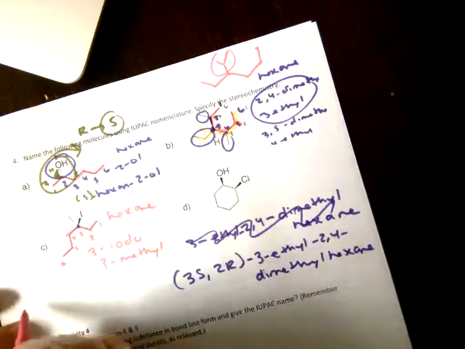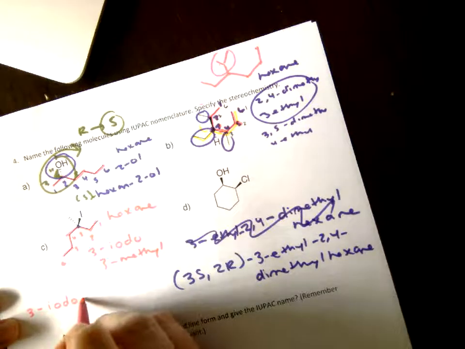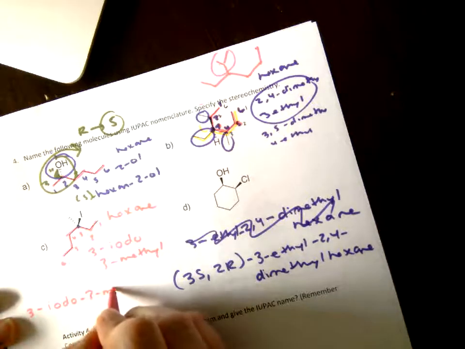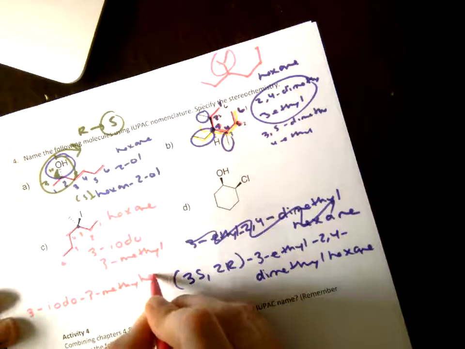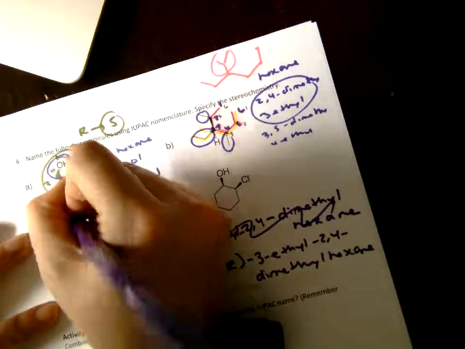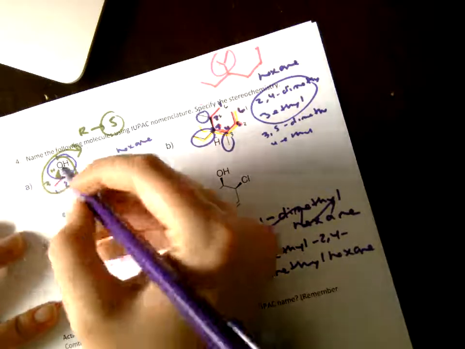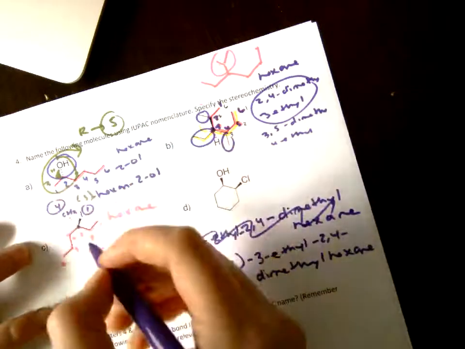So I would say iodo comes before M, so 3-iodo, 3-methylhexane, and then we have to say whether it's R or S configuration. So this is CH3, well, this is the highest priority. And then these are all carbons, but this carbon is attached to 3 hydrogens, so that's the next lowest.